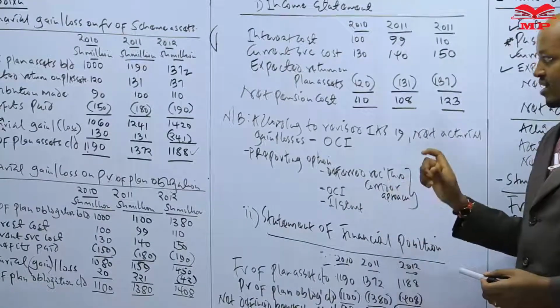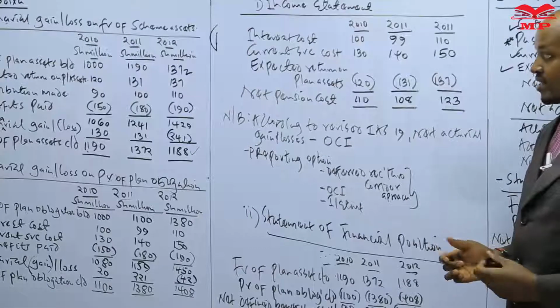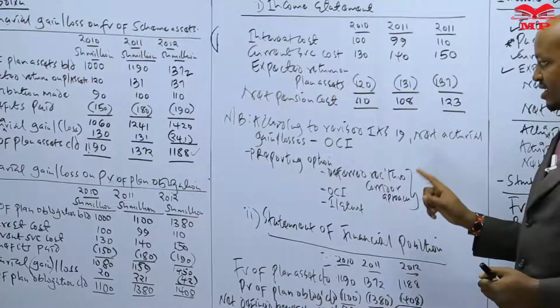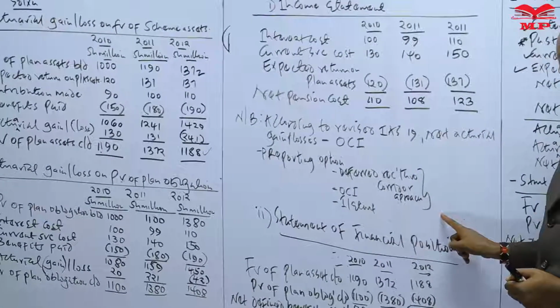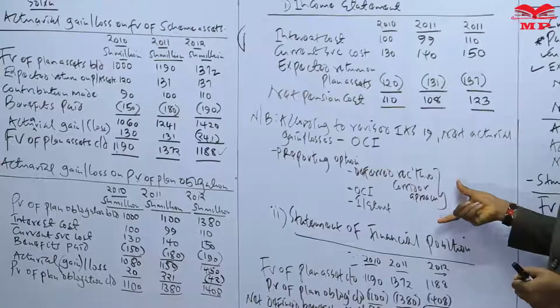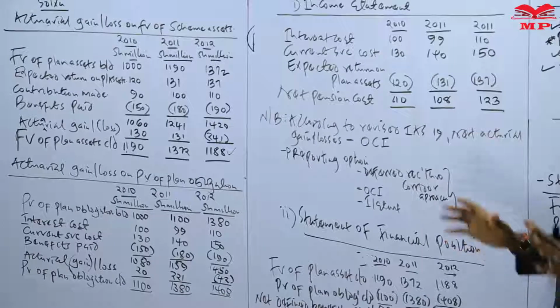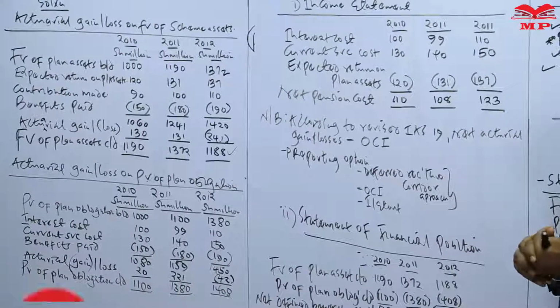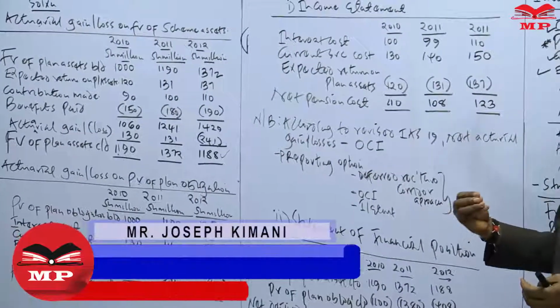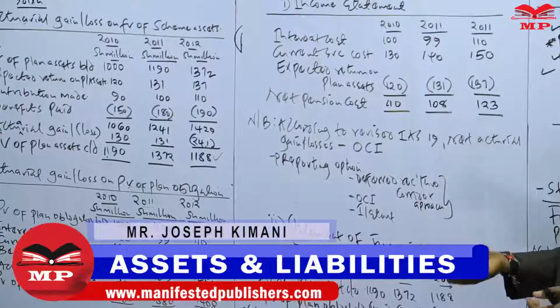Now, what is very, very important is that the revised IAS 19 has removed these 3 reporting options which a company had to account for the actuarial gain or loss. And currently the net amount of actuarial gain or loss should be recognized as part of the other comprehensive income.